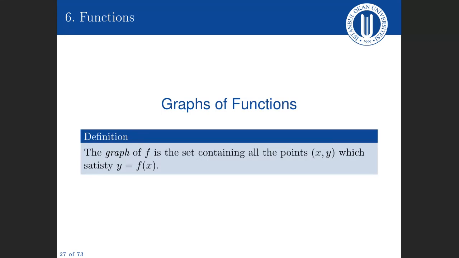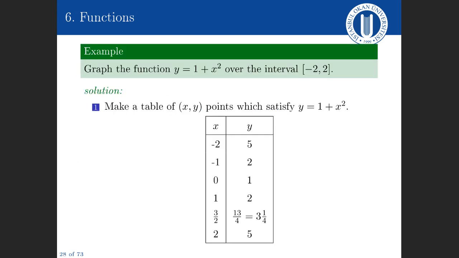The graph of f, strictly speaking, is the set containing all of the points x, y, which satisfy y is equal to f of x. For example, let's suppose we're asked to graph or draw the graph of the function y is equal to 1 plus x squared over the interval from minus 2 to 2.